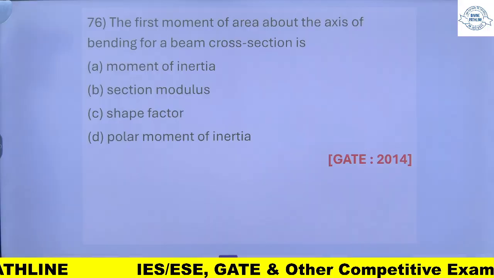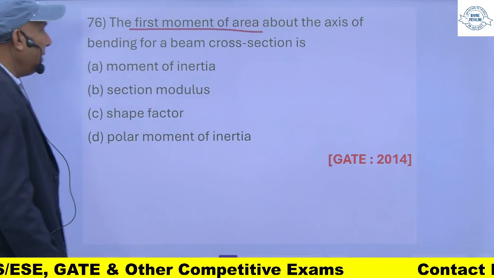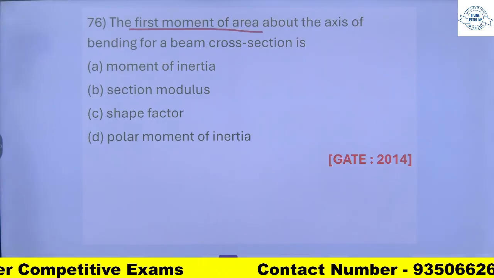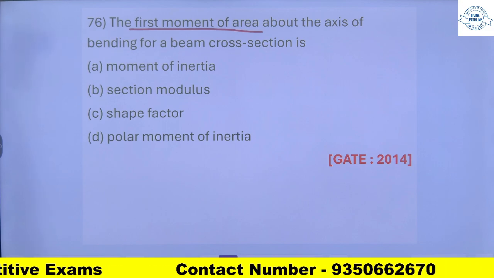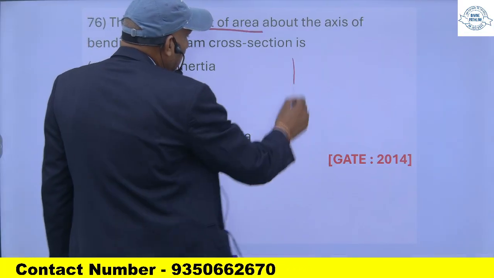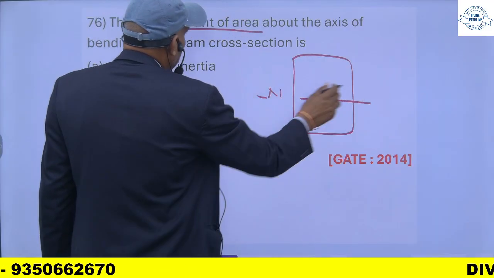The first moment of area. First moment of area about the axis of bending for a beam cross section is what? Moment of inertia, section modulus, shear factor, polar moment of inertia. So this is the neutral axis.